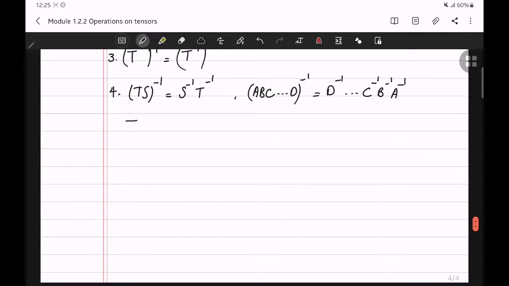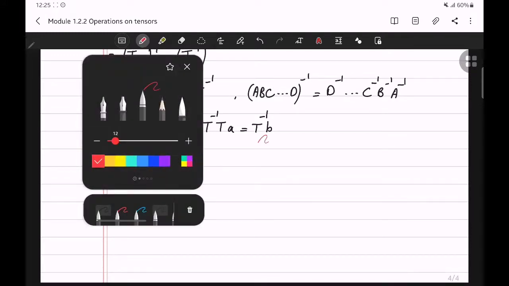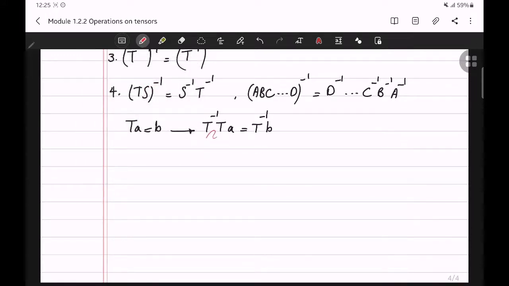Also, if TA is equal to B, you can multiply each side by T inverse, so T inverse TA is equal to T inverse B. Pay special attention that T inverse has to go before B; you can't put it on the other side.